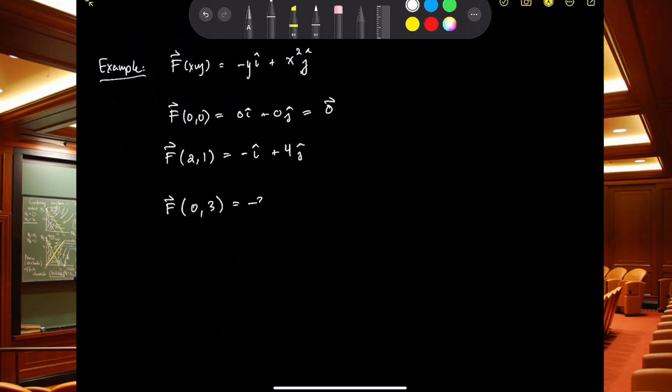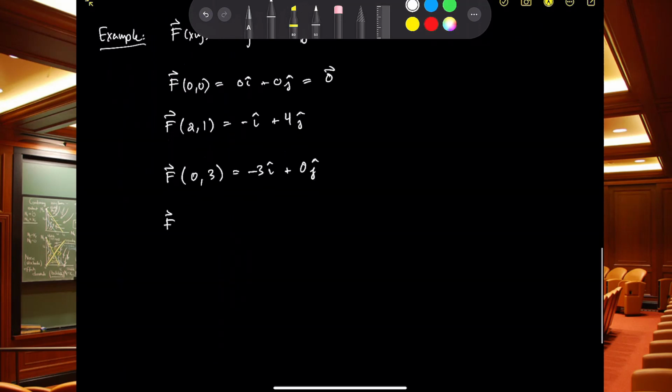This will give us negative 3i plus 0j. And let's look at a point on the x-axis to the left, negative 2, comma 0. This will give us 0i plus 4j.